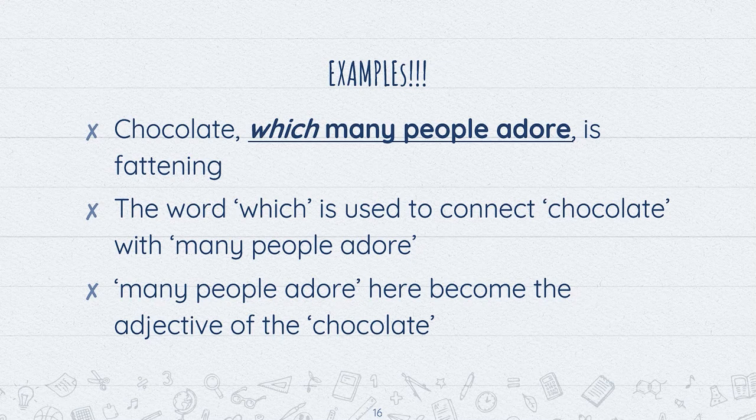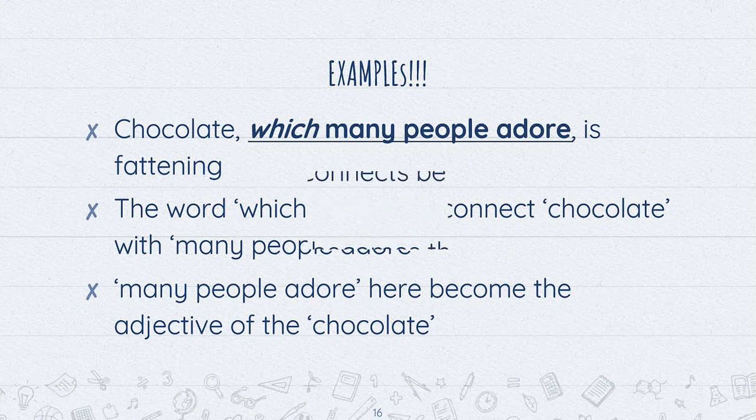Here I put the word "which" in italic to show you the relative pronoun. The word "which" is used to connect between "chocolate" and "many people adore". And here the clause "many people adore" becomes the adjective of the chocolate.